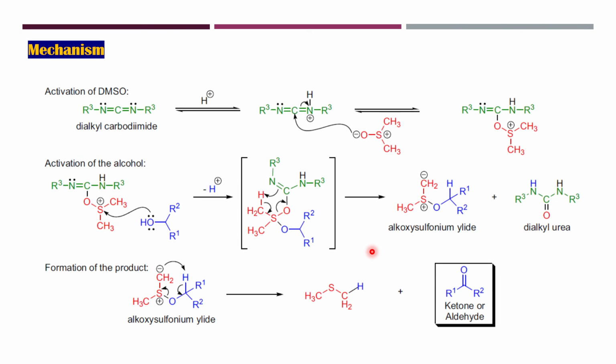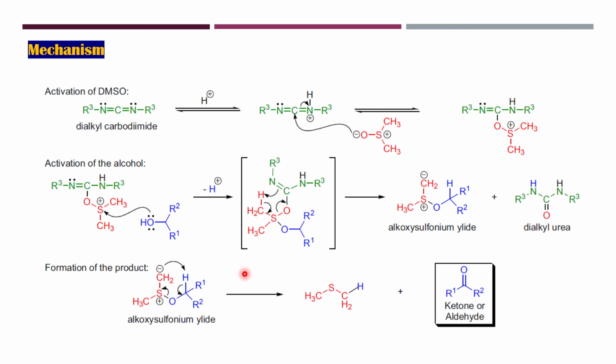Now how is the reaction happening? DCC is taken and it is going to be activating the DMSO. So DMSO will attack over here, leading to the formation of this intermediate. Now in this intermediate again S plus is being generated, so it will be activating the alcohol now, and again via a cyclic intermediate one can see that this will lead to the generation of the alkoxysulfonium ylide, and dialkylurea will be the side product.